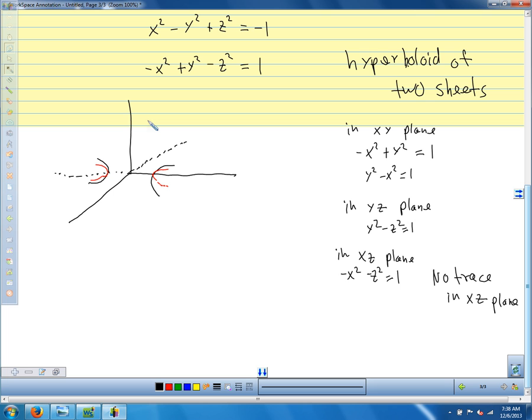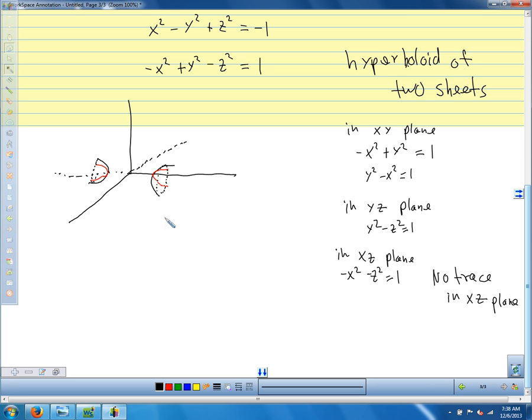And then to go a little further, if y is greater than 1, in each of these we get circles parallel to the xz plane. So I connect these shapes here with little circles to get my hyperboloid of two sheets.